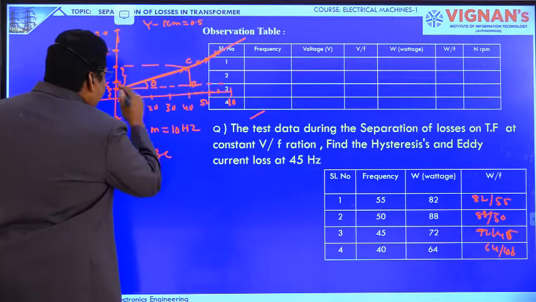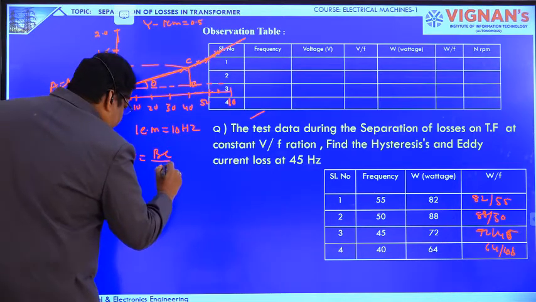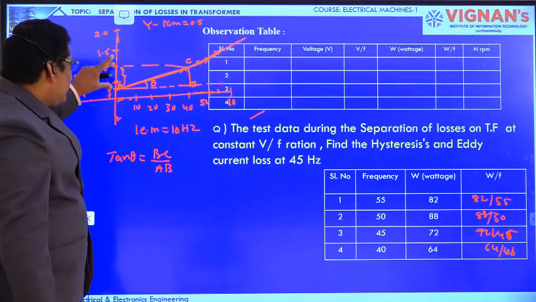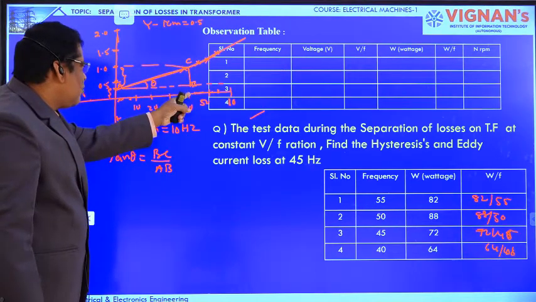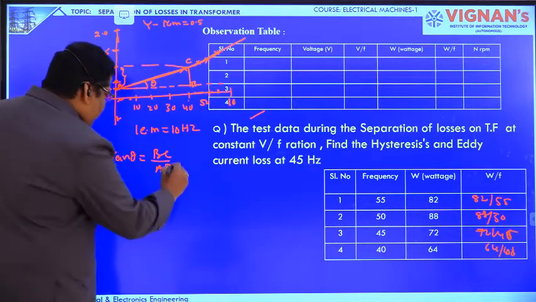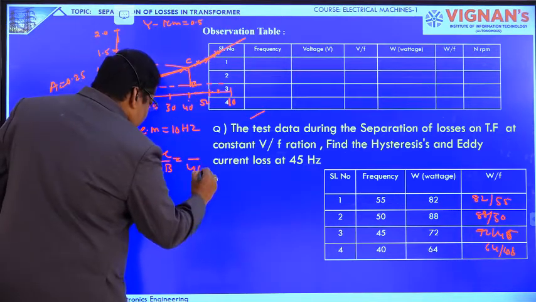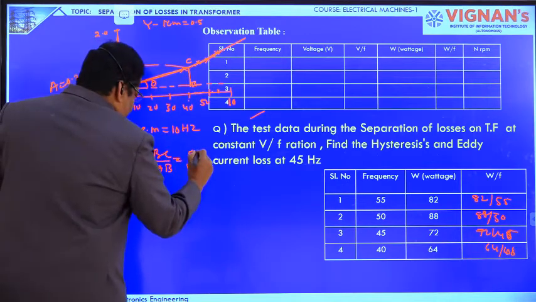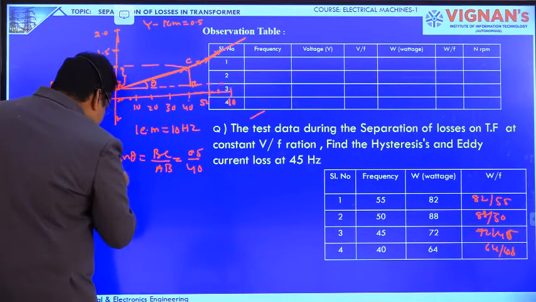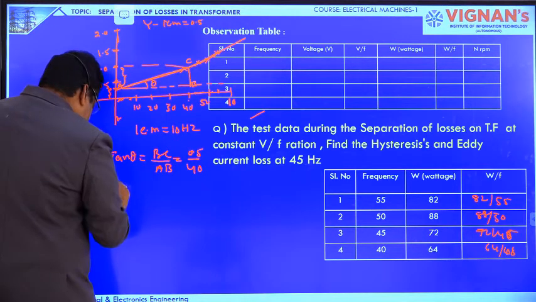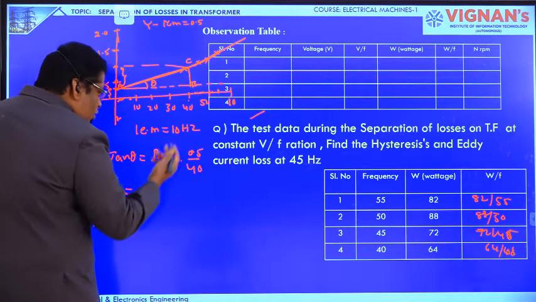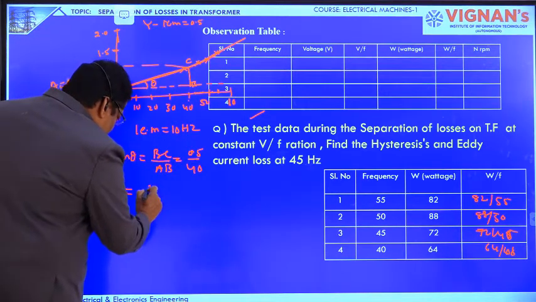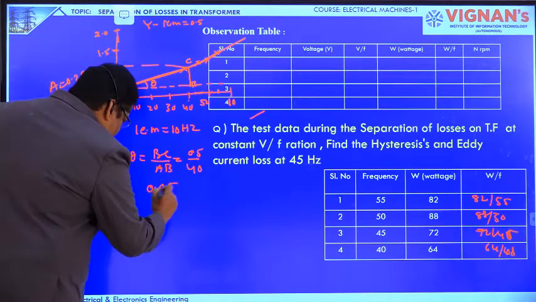AB becomes nearly 40, and BC becomes 0.5. Then B is 0.5 by 40, nothing but 0.05 divided by 4.